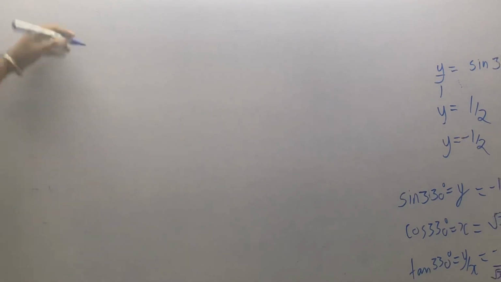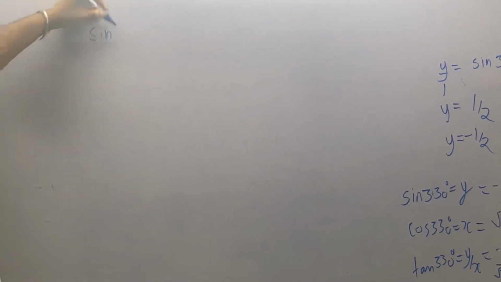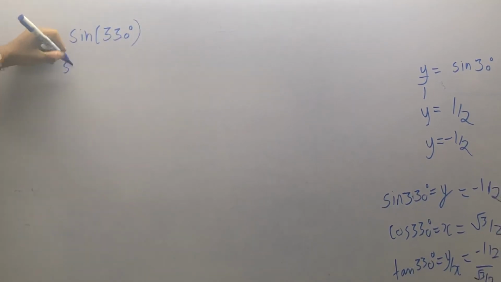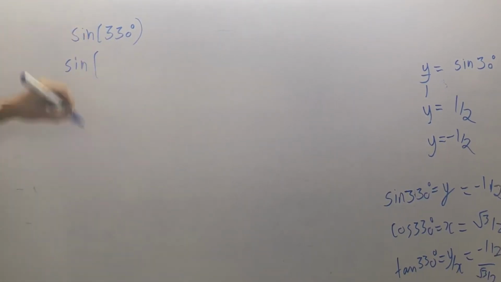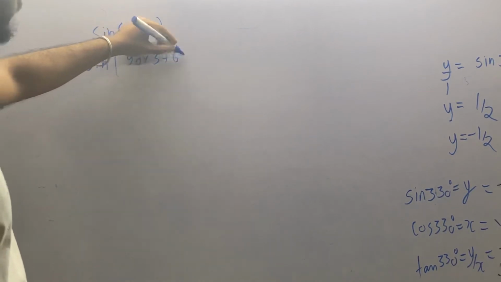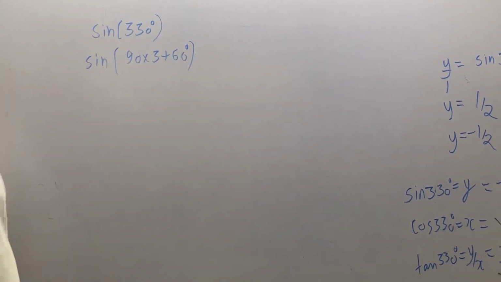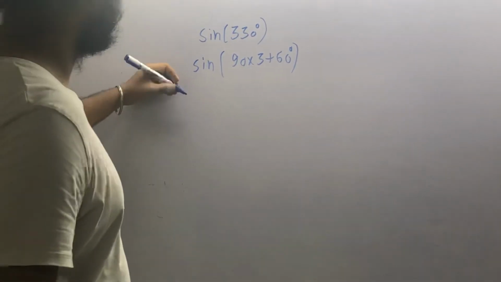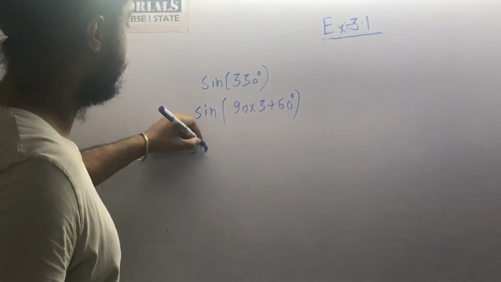So what were we trying to find? Sine 330. You can write this as 90 into 3 plus 60 degrees. 90 into 3 is 270, plus 60 degrees. Fourth quadrant sign is negative, so I will write minus sign.